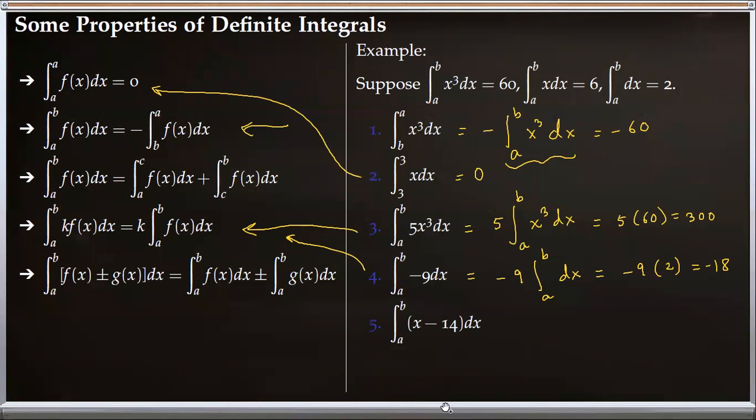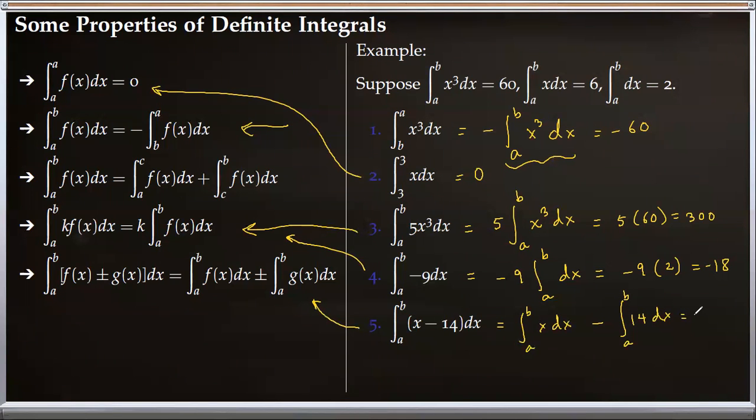Next, we have x minus 14. And this is a difference between two functions, x and 14. So we can just split this into two integrals using that property here. So we get integral a to b of x dx minus integral 14 a to b dx.